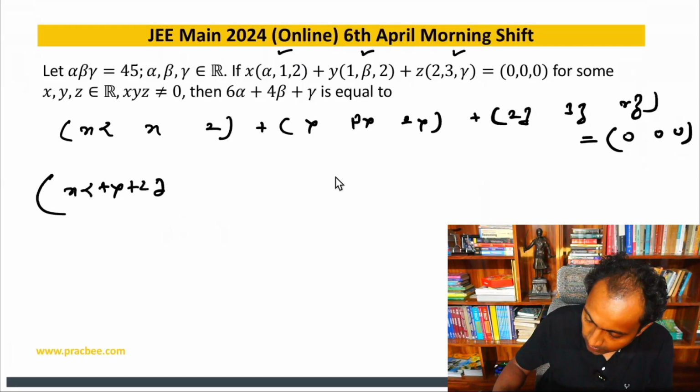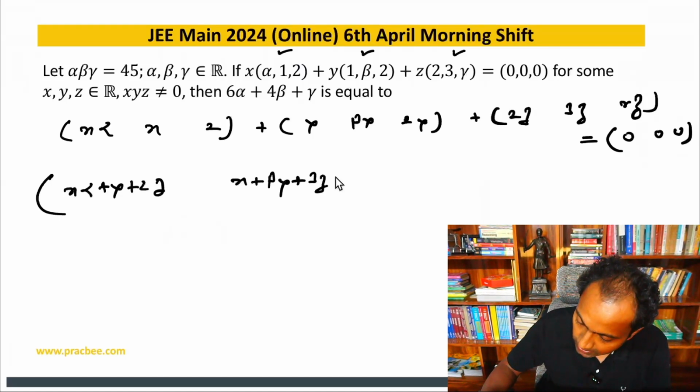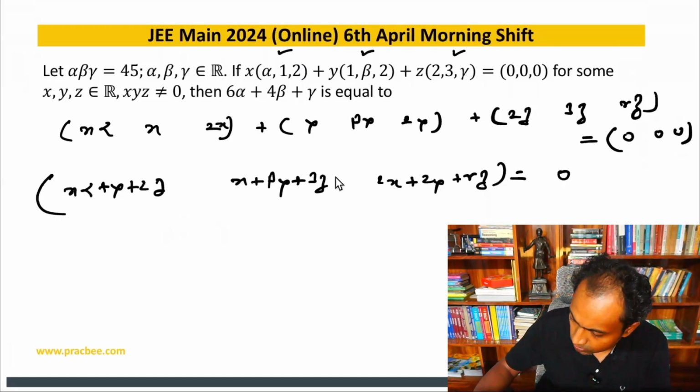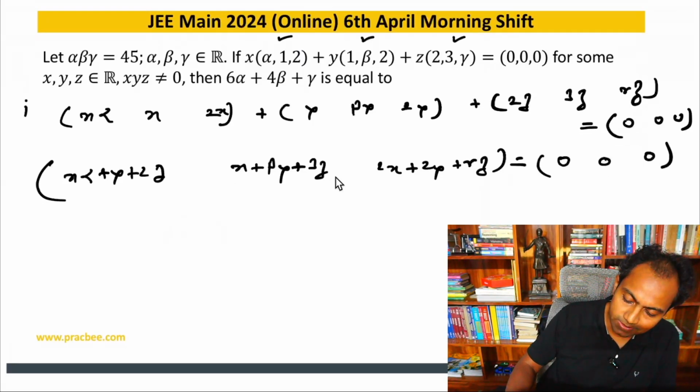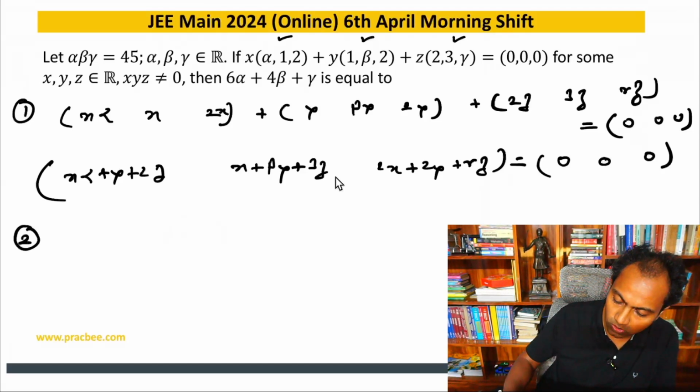The next one will become x plus beta y plus 3z, and the last one will become 2x plus 2y plus gamma z equal to 0, 0 and 0. Now if I rewrite this by comparing the equations, you will get your three equations.